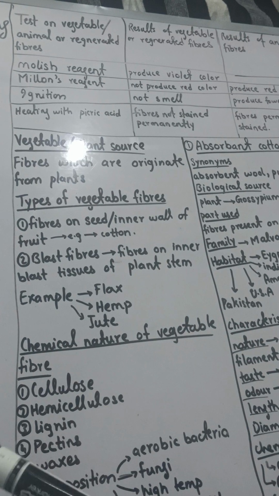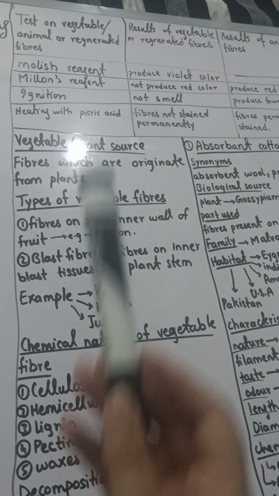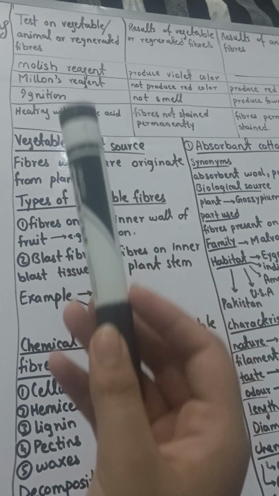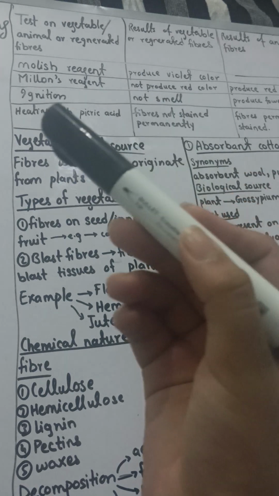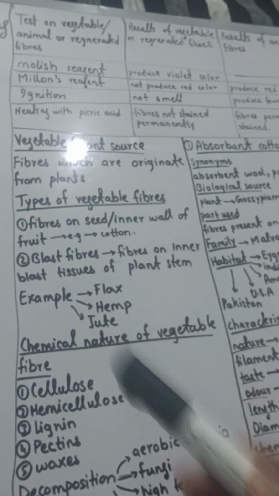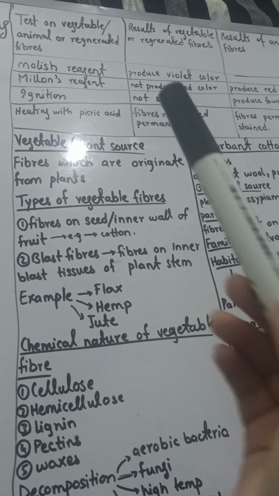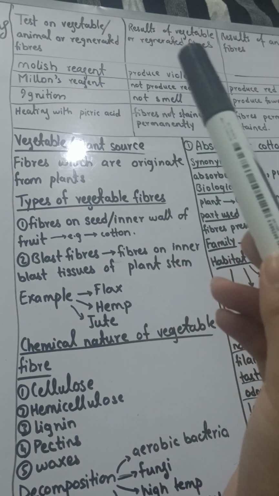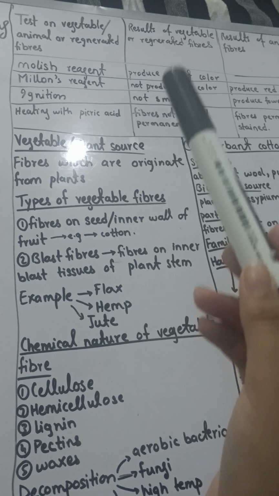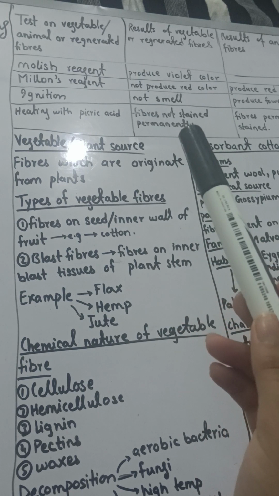What types of tests are performed on them? Here I have written all the tests, like Molisch test, Millon's reagent, ignition test, and heating with picric acid. Then I have given the results. These tests are performed on the vegetable or regenerated fibers, and here their results are written.